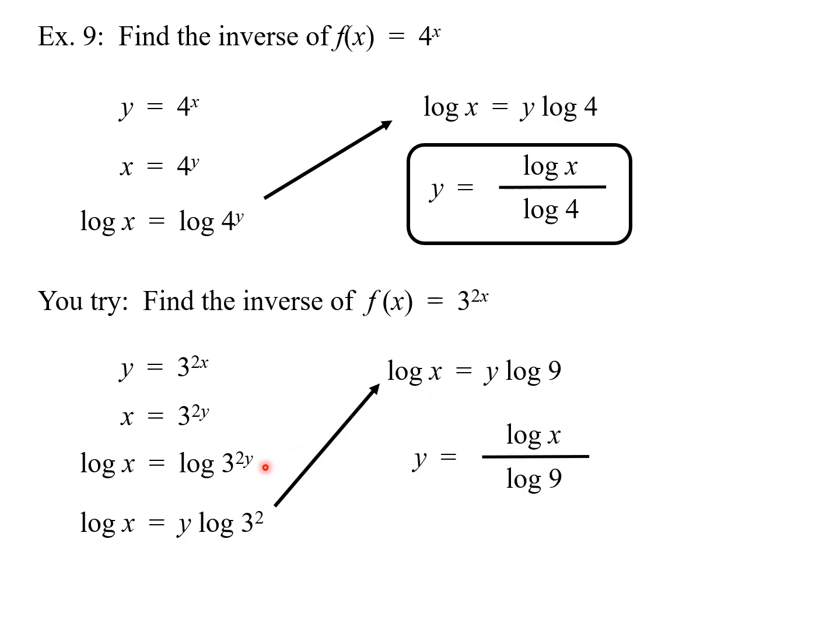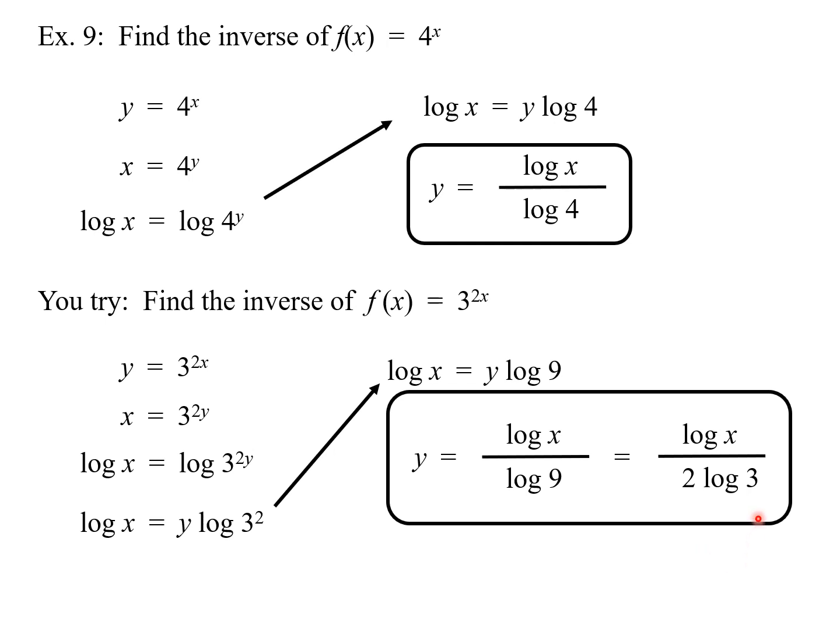Now, alternate solution. Maybe some of you pulled out the 2 and wrote this next line. You pulled out the 2 and the y from here, and then you got 2y times the log of 3. Right? If you did that and then divided out the 2 log of 3, then you would get this answer. But these two answers are the same. They're equivalent.